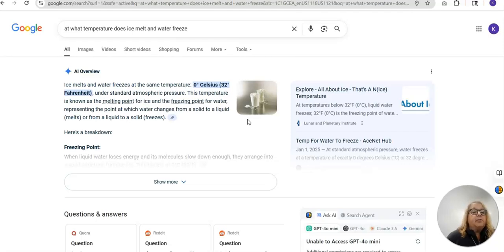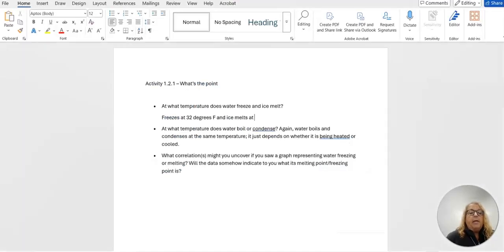Okay, 0 Celsius, 32 Fahrenheit. It's the same for both. So it asked, at what temperature does water freeze and ice melt? Freezes at 32 degrees Fahrenheit and ice melts at 32 degrees also. I spelled that wrong, didn't I? I digress. That is correct.